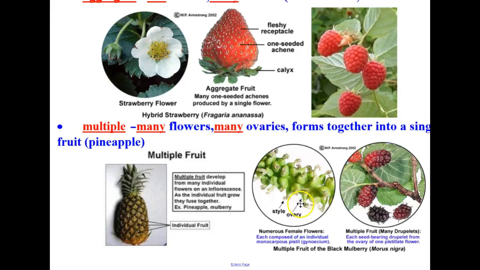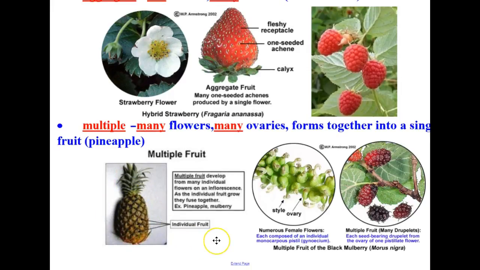So together you've got many flowers and many ovaries, and they form together into a single larger fruit like the pineapple. And another good example is the one over here, the black mulberry. Okay, a good indication, by the way, is these little spines sticking out. You can see that on the pineapple and on the black mulberry here.